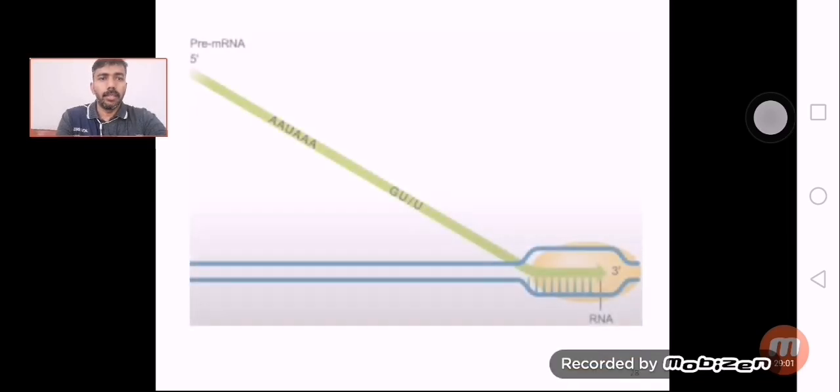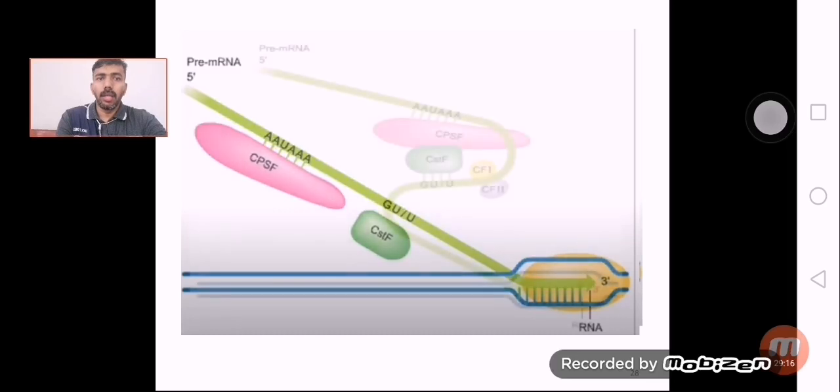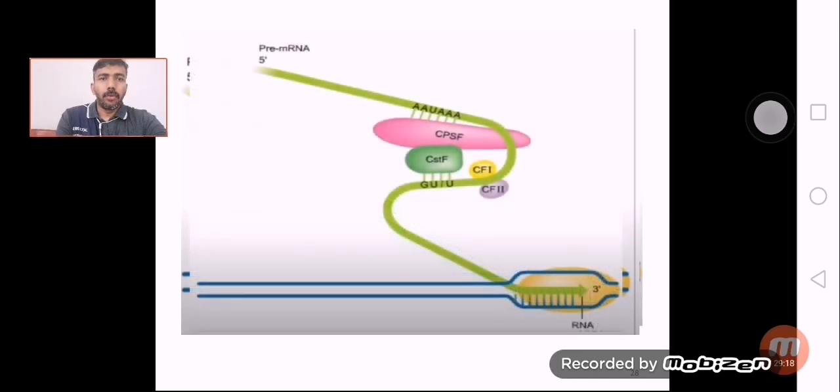You can see that in brief, right? So there is a sequence which is marked for polyadenylation, and there is binding of the specific proteins CPSF and CstF to these sequences. Then this is followed by binding of cleavage factors or cleavage proteins, and also many other proteins.